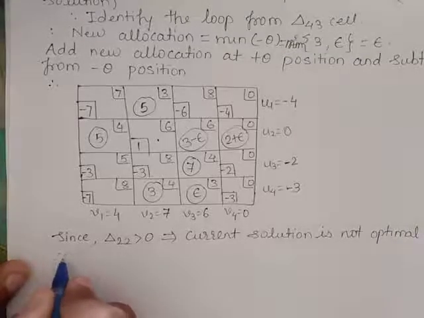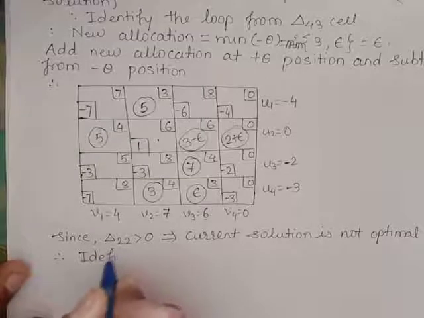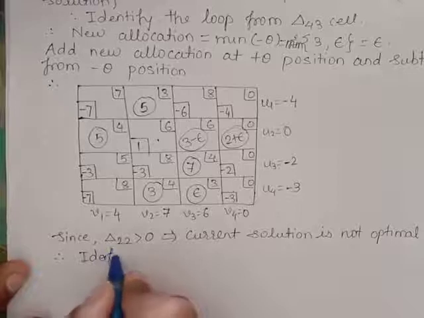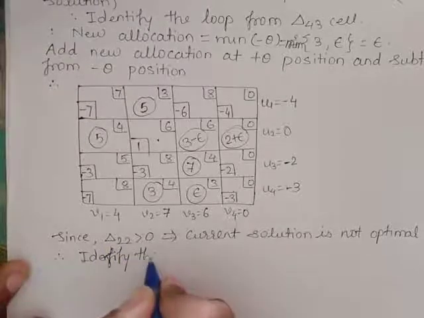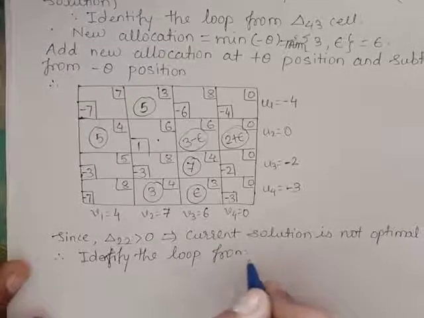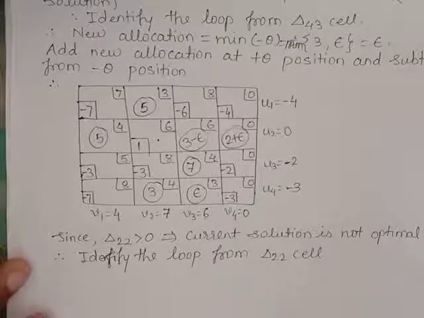Therefore, identify the loop from the delta 2 2 cell. So let's identify the loop.